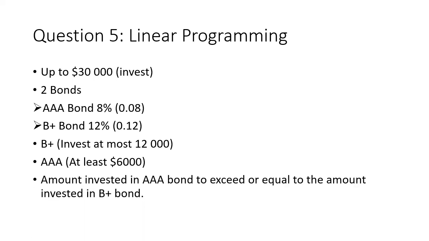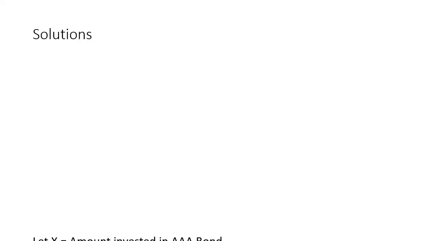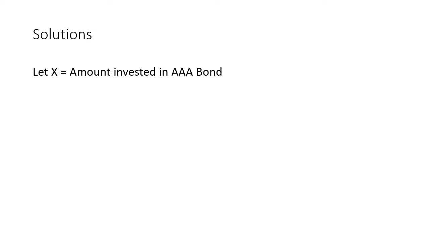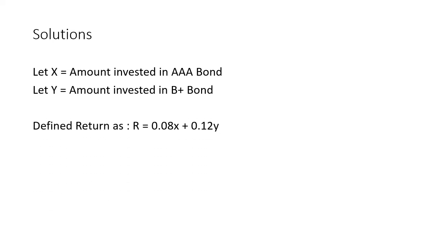The amount invested in AAA bond should exceed or equal the amount invested in B plus bond. Solutions. Here in this case, we let x be the amount invested in AAA bond and let y be the amount invested in B plus bond. Here the defined return, R, stands for return, is equal to 0.08x plus 0.12y.